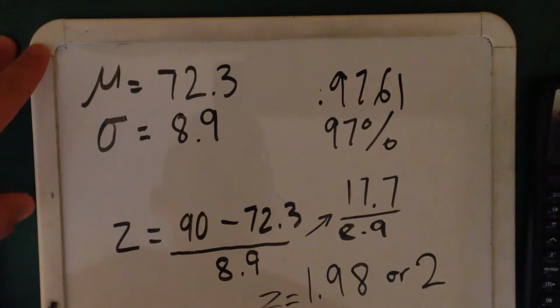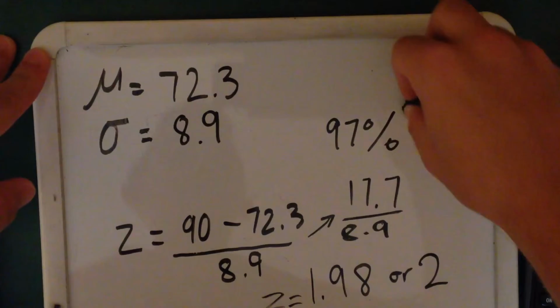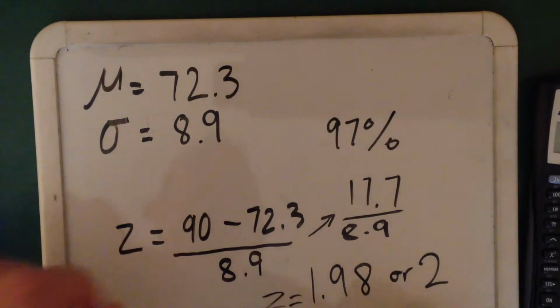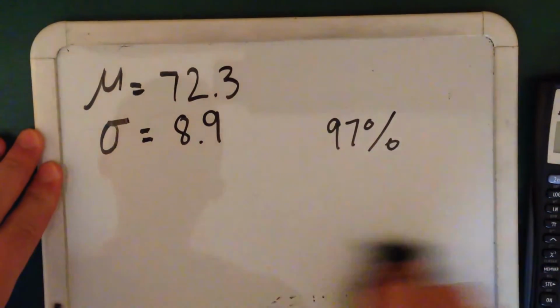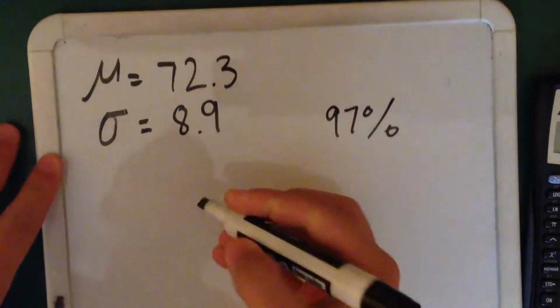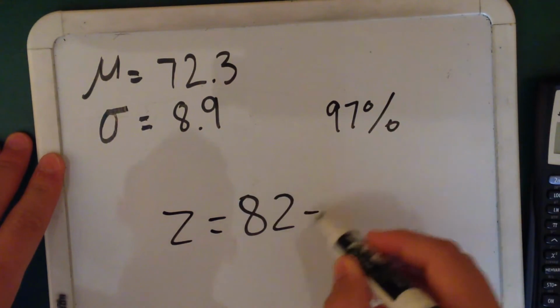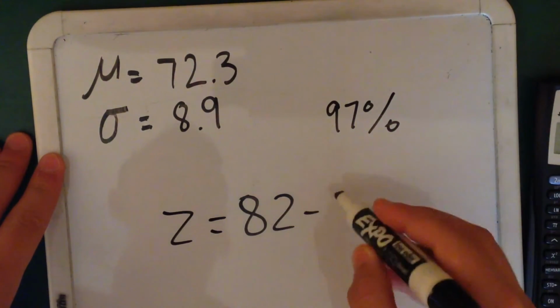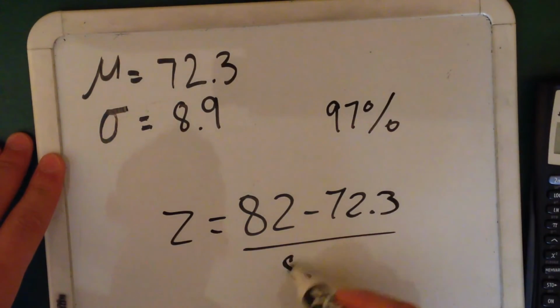So we have 97% already. And we're going to subtract that by the percent that we get when we put 82 as the x. So let's erase everything here. In this case now, x is going to be 82 minus mu, which is 72.3, over 8.9.